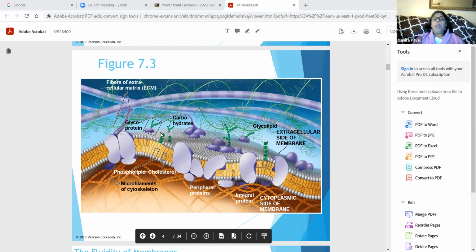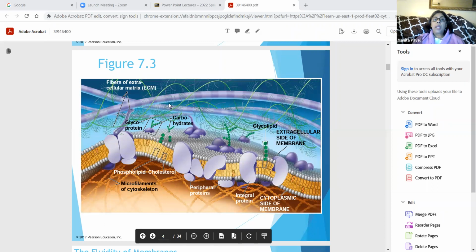On one of the sides of the lipid bilayer, we are seeing glycoproteins. Glyco comes from the word glycogen, which is a sugar. In animal cells, sugar is stored for long-term purposes as glycogen molecules. So you can clearly see here, these Y-shaped structures are referred to as carbohydrate chains.